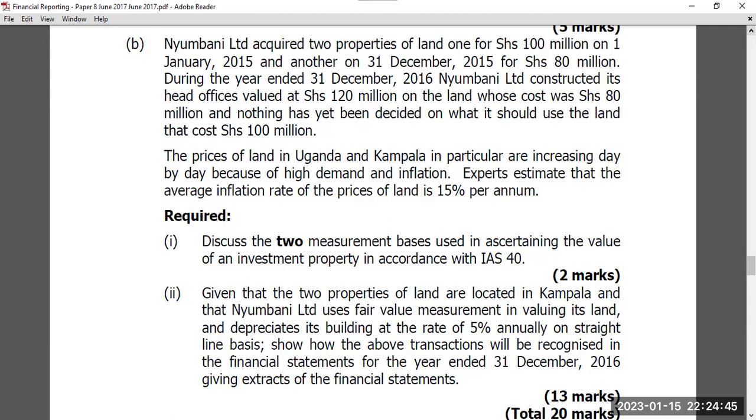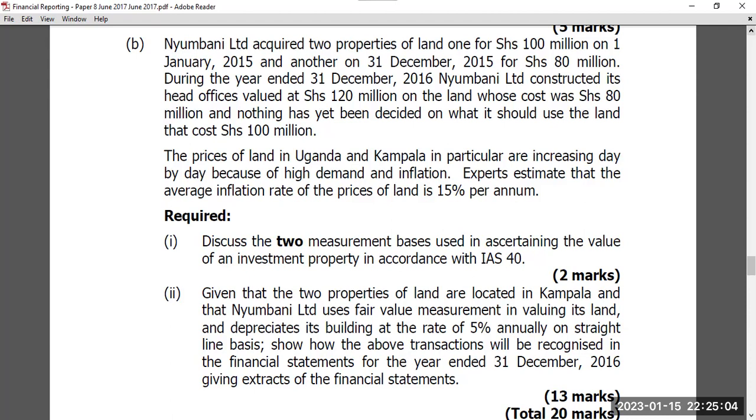It means it is now turning from being an investment property to PPE, that is property, plant and equipment, because we said in property, plant and equipment, that's where we have the owner occupation.